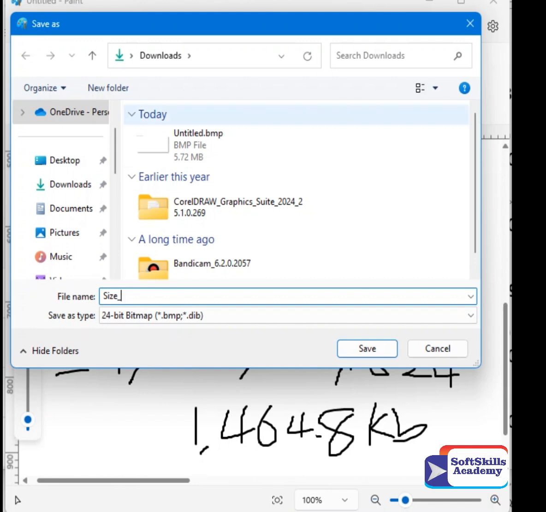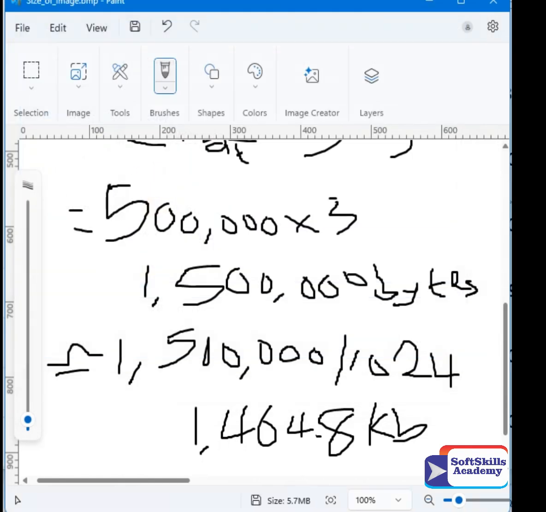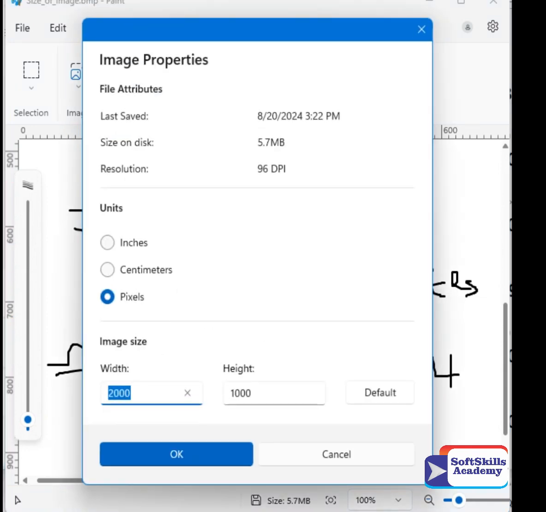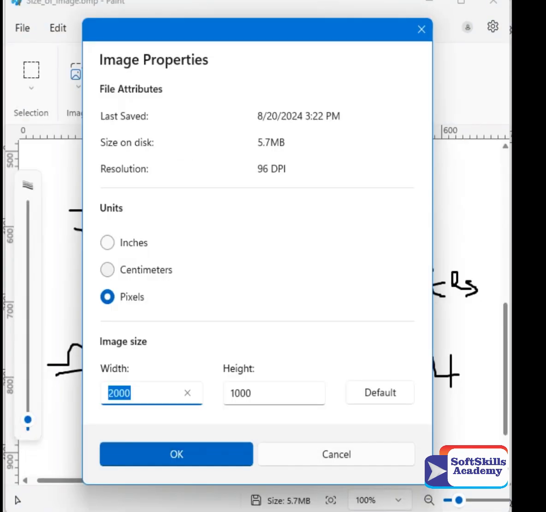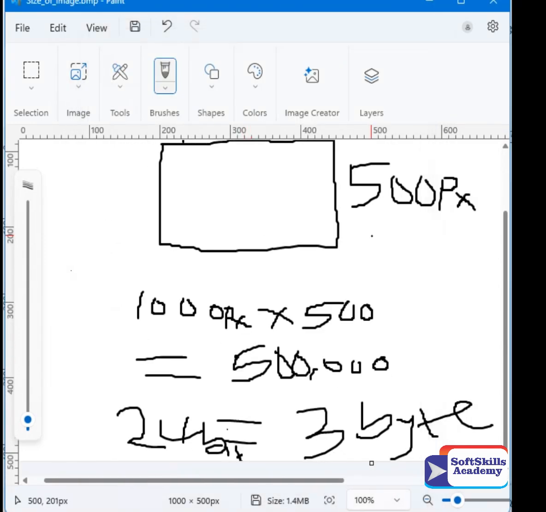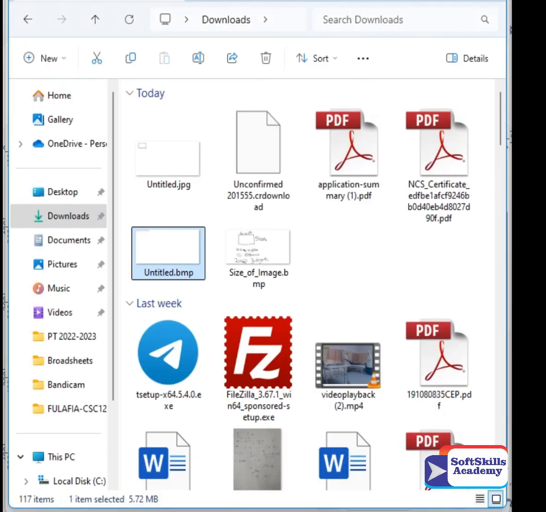But remember, here we did not specify the pixels. So we are going to export this, which means coming back and specifying, going by the question, 1000 by 500. Here 1000 is the width, and the height is 500. We save it under downloads. This is the file now.